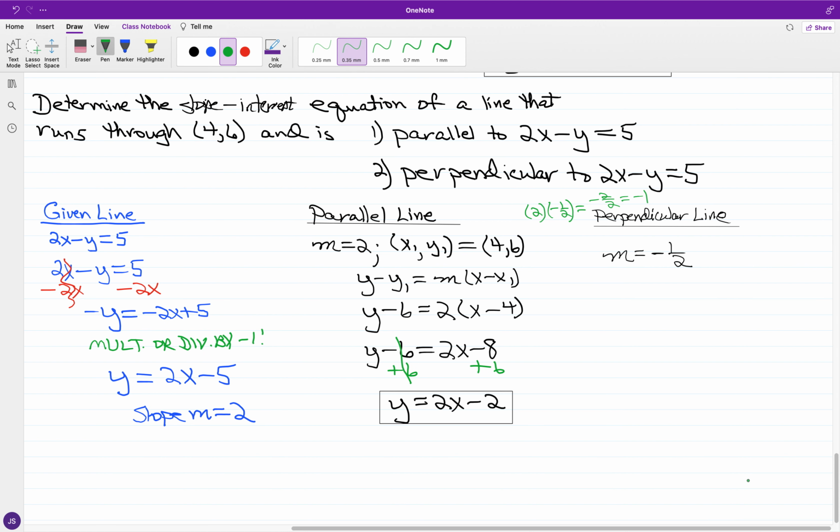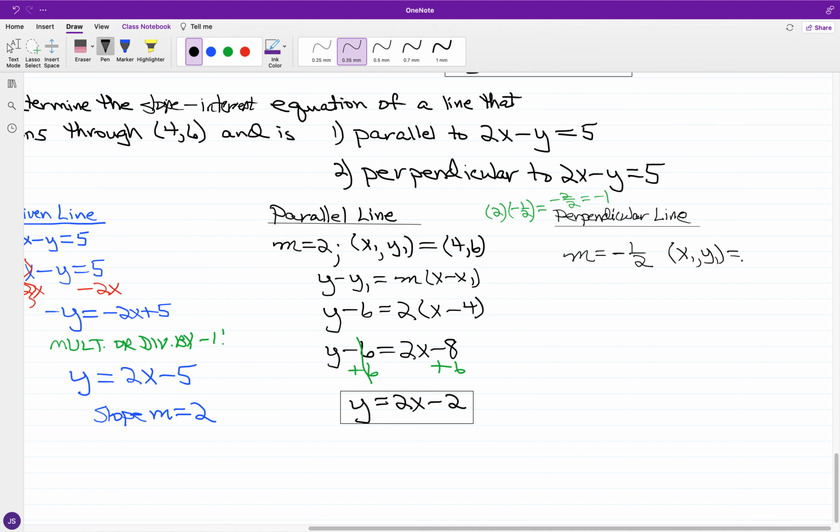And once again, we had the same point for which this line is going to run through. And so x of 1, y of 1, again, 4, 6. So y minus y of 1 is equal to the slope m times the quantity of x minus x of 1.